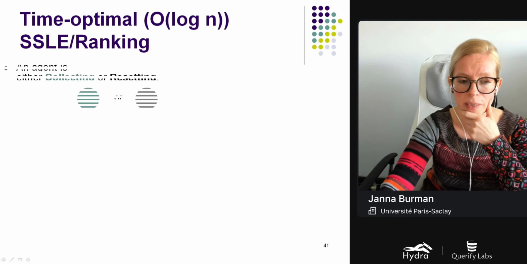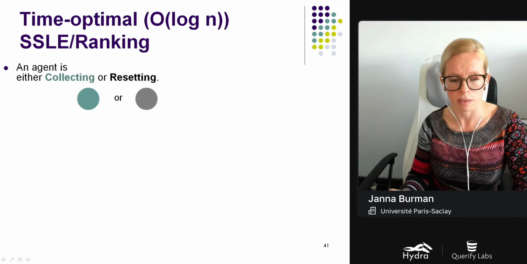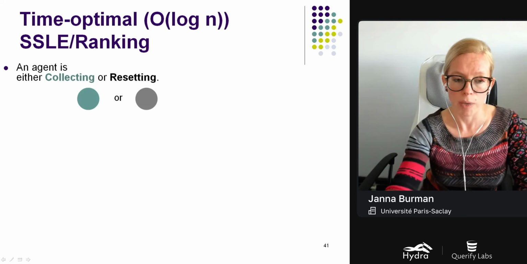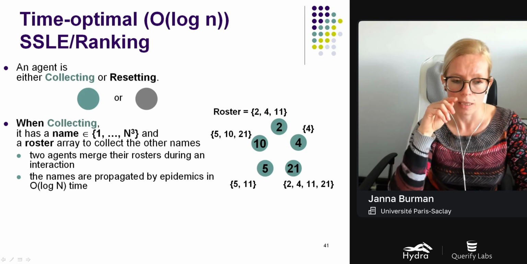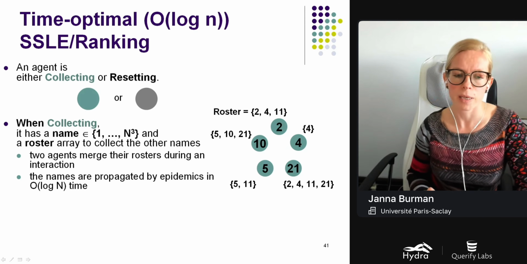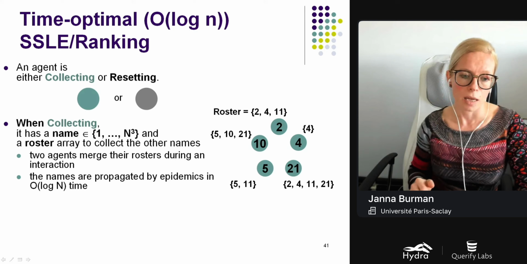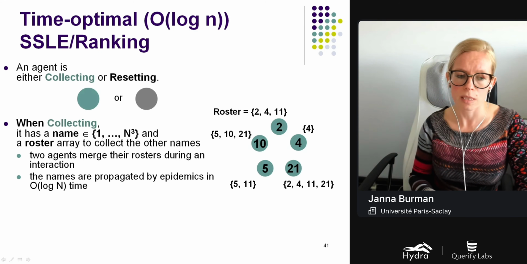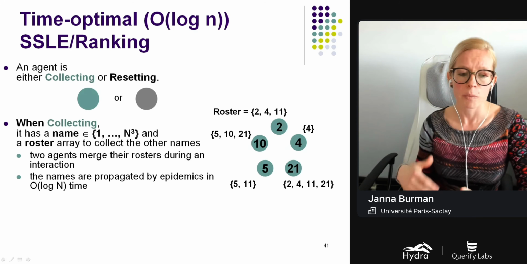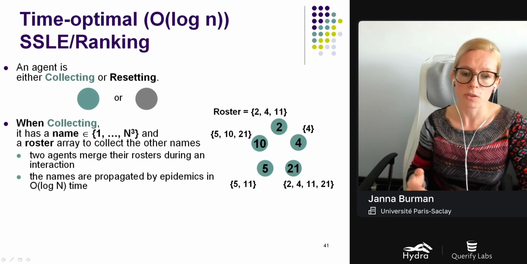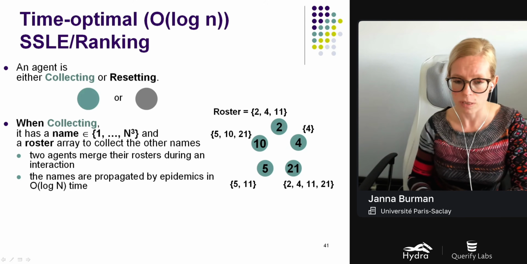So in this algorithm, agents will be in two main states, either collecting or resetting. So when they are collecting, an agent has a name taken from a set 1 to n^3. And each agent in this state also has a roster array. Okay, there is an array where each agent tries to collect the names of the other agents in the population.